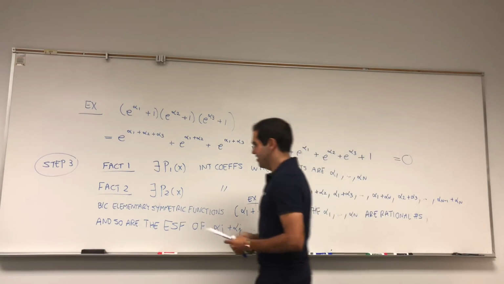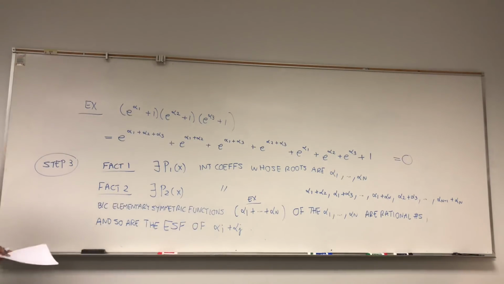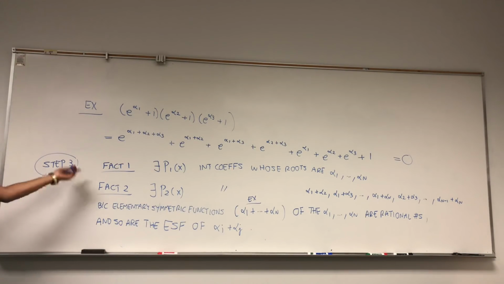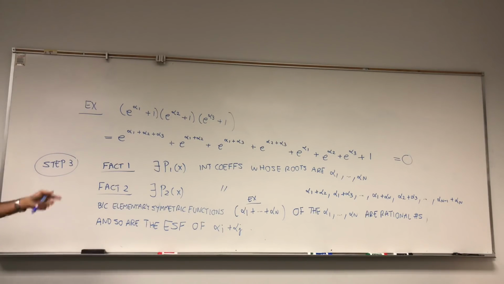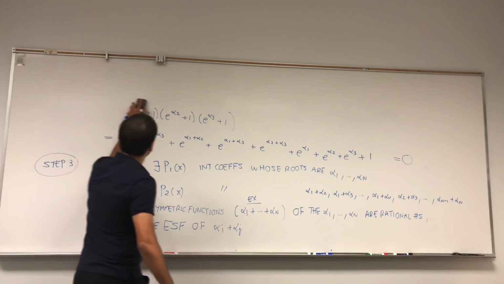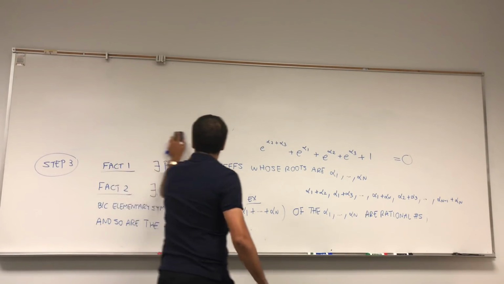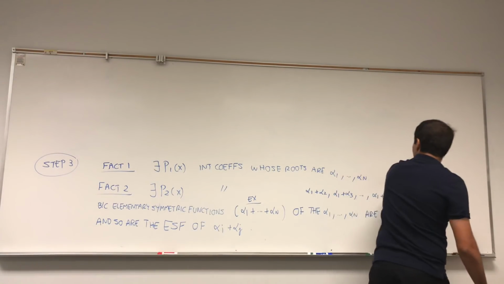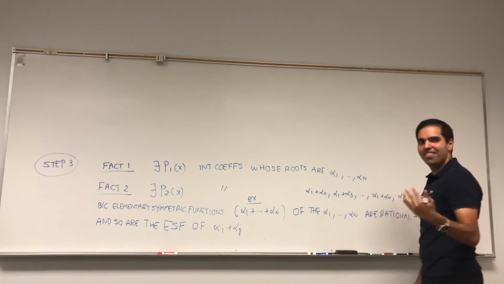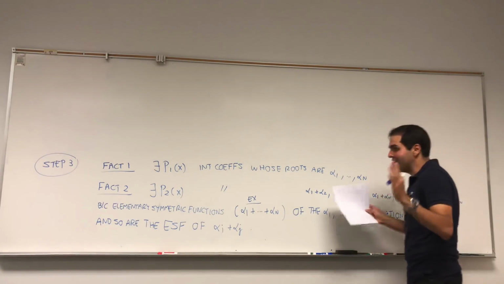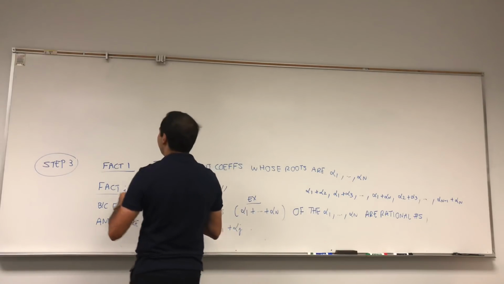Okay. And the cool thing is, it's not important that we take sums of two terms, because we can also do it with sums of three terms. And also this follows by what's called the fundamental theorem of symmetric polynomials, which again, I'm not too clear about.